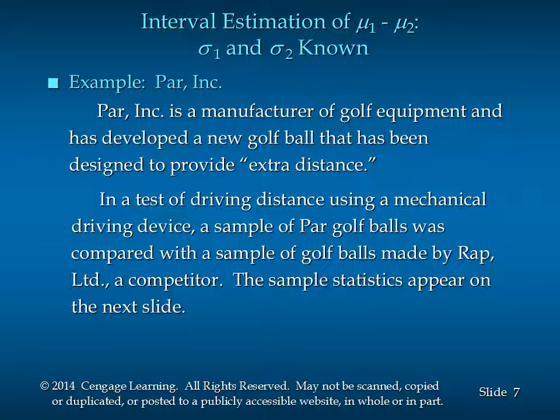And so you created this new golf ball, and you're going to sample to see how far this new ball goes relative to the previous ball. And you're going to create a sample of the new ball and the old ball.